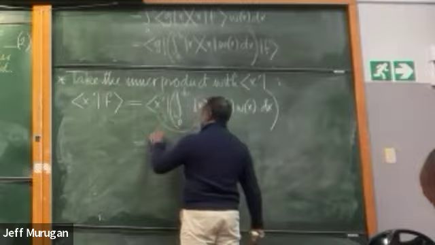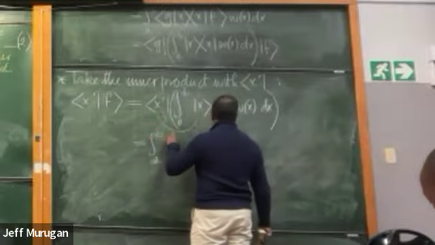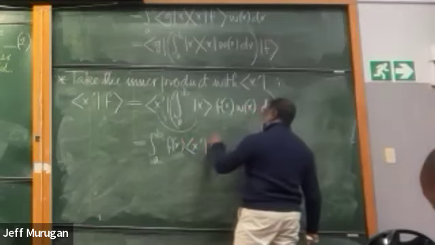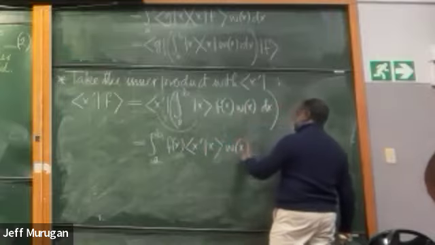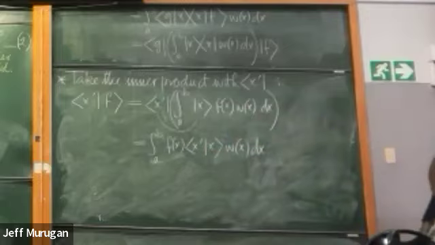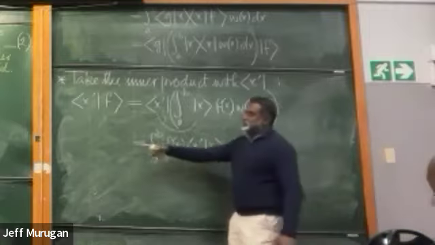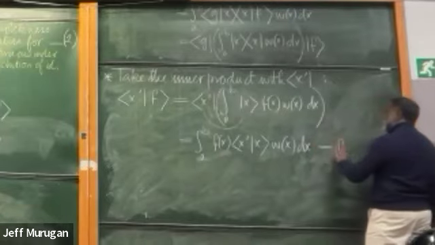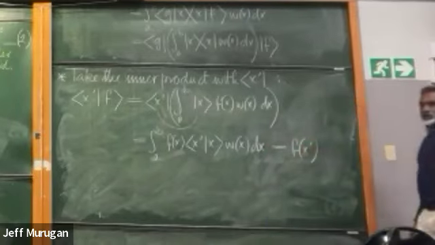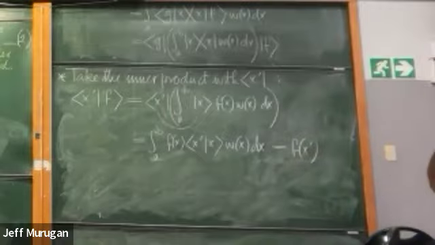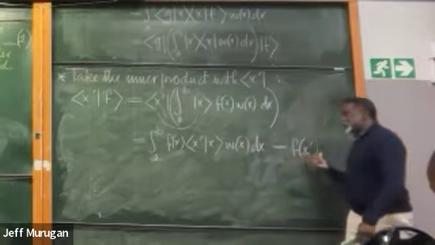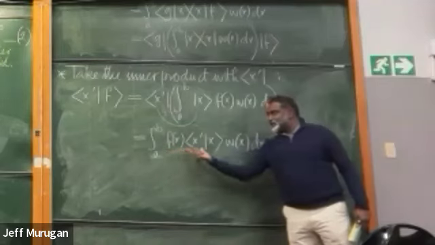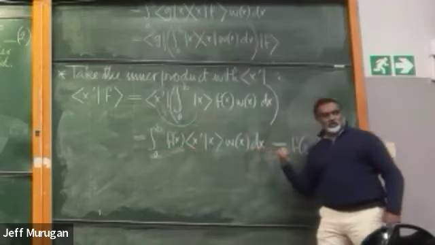So it's the integral from A to B of F of X, X prime inner product X, W of X. But by our definition, this thing here is going to be defined to be F of X prime. So again, F of X prime is the integral over the support of F of X times something, integrated with respect to X.